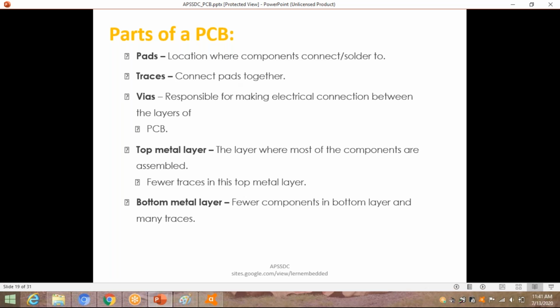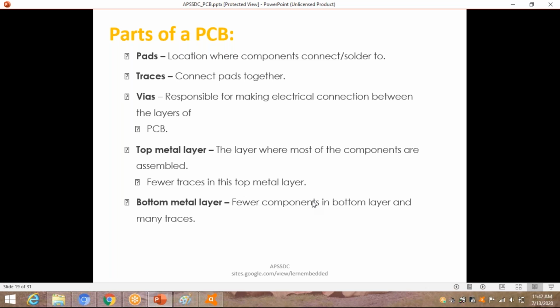Next, top metal layer and bottom metal layer. You already know what the top layer and bottom layer are. The layer where most of the components are assembled. Keep in mind that in any PCB, the majority, 70 to 80% of components, are on the top layer only.